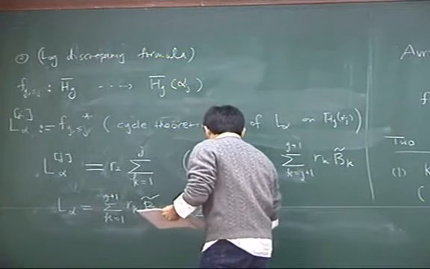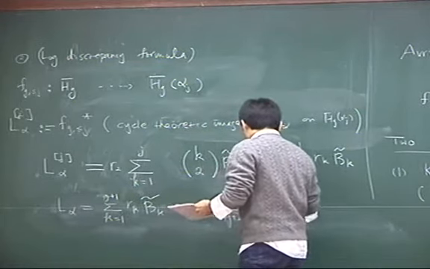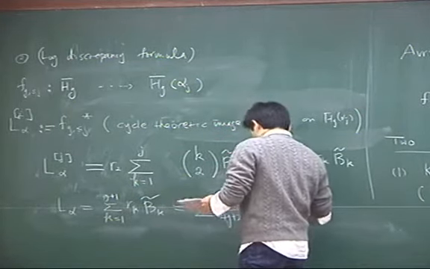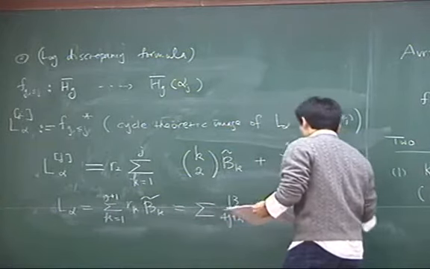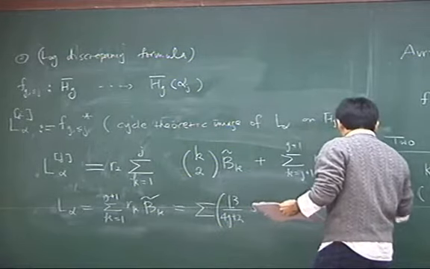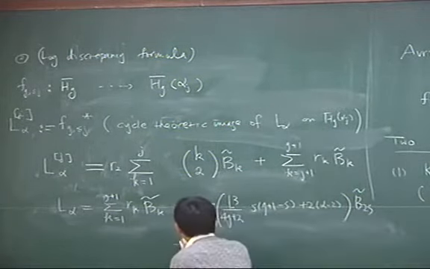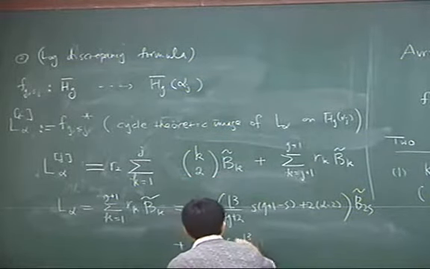13 over 4g plus 2, s times g plus 1 minus s, plus 2 alpha minus 2. It's pretty terrible. And the odd ones.